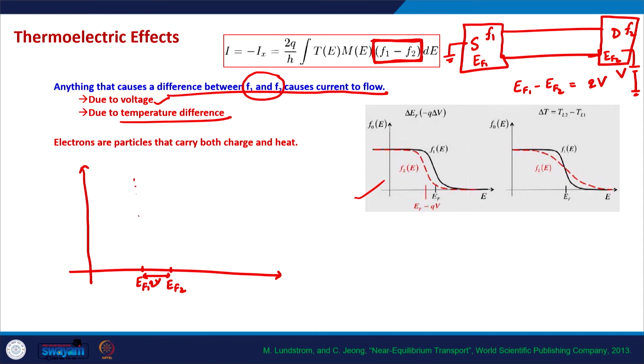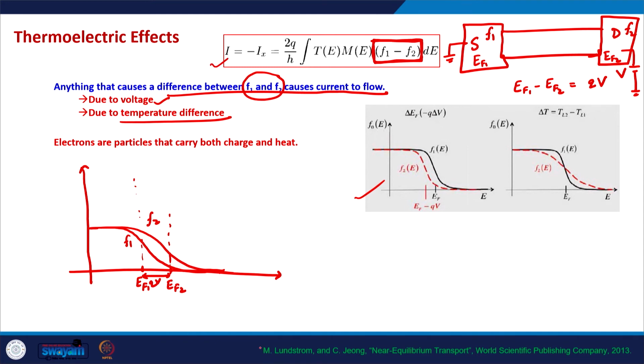F1 will be a curve around EF1, something like this, and F2 will be around EF2, something like this. This will be F2, this will be F1, and because of the difference between F1 and F2, now there will be a non-zero current in the conductor.